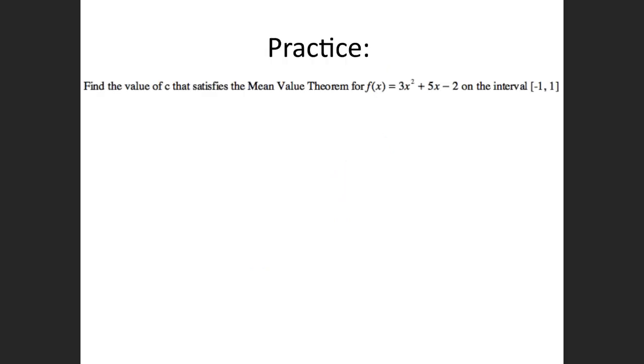So here's a problem. It says find the value of C that satisfies the mean value theorem, f of x equals 3x squared plus 5x minus 2 on the interval between -1 and 1. Okay, so I'm going to let you guys try that one and see what you get. Give it a shot, see what your C value is.